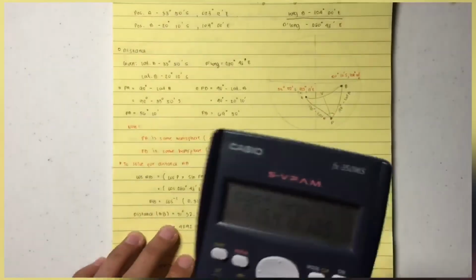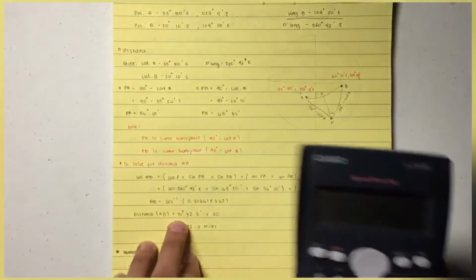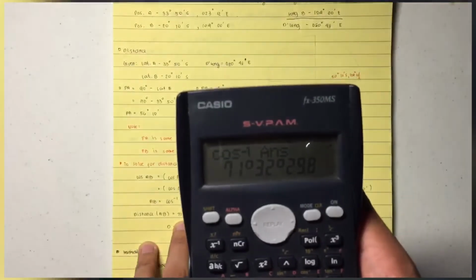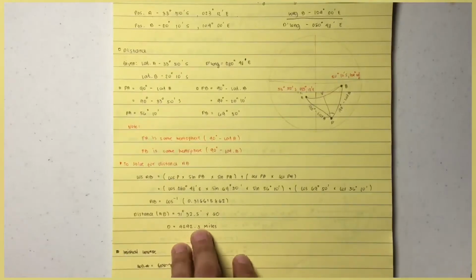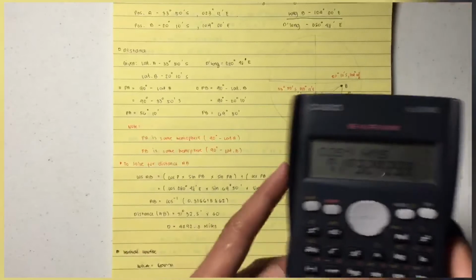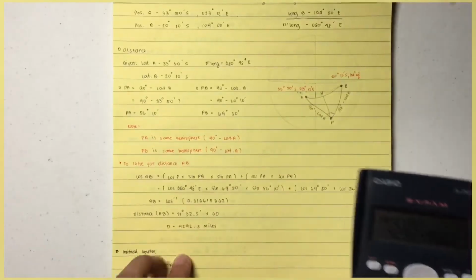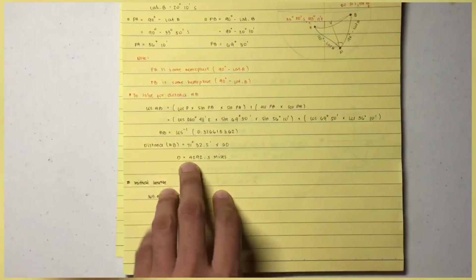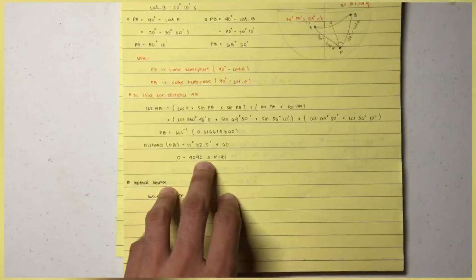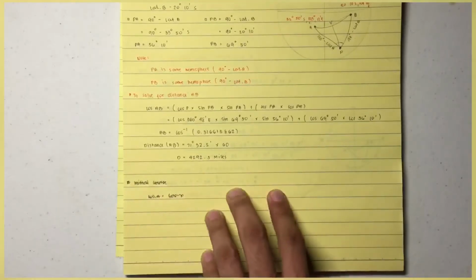The value is in degree form, which is 71 degrees 32.5 minutes. To convert this into miles, we multiply the degrees by 60. So we come up with a distance from A to B of 4,292.5 miles.